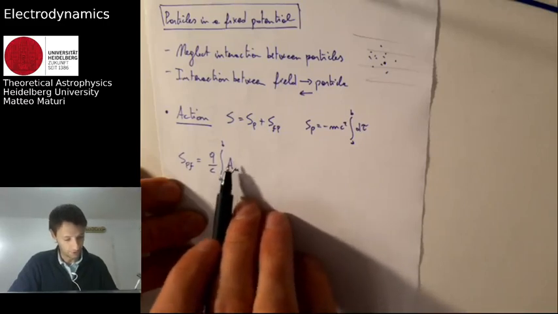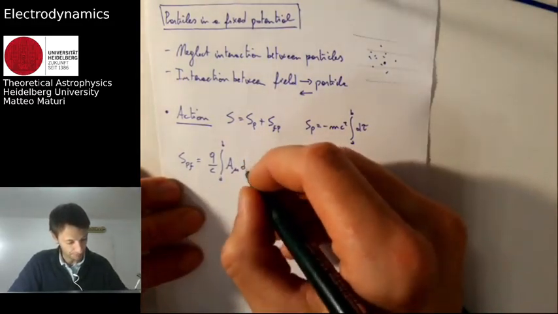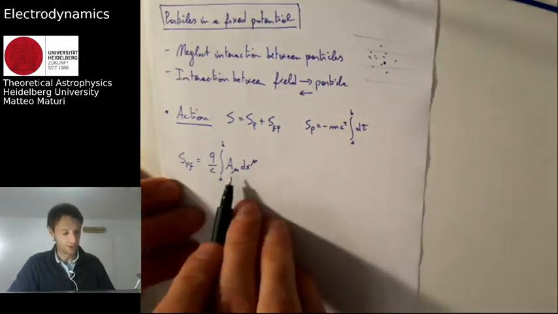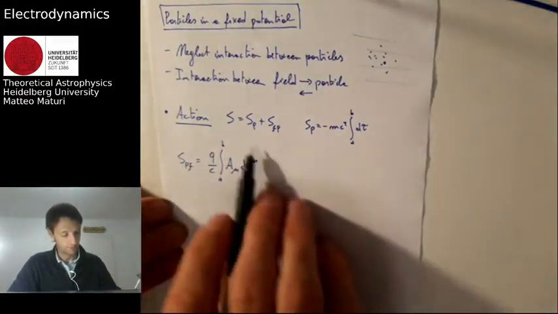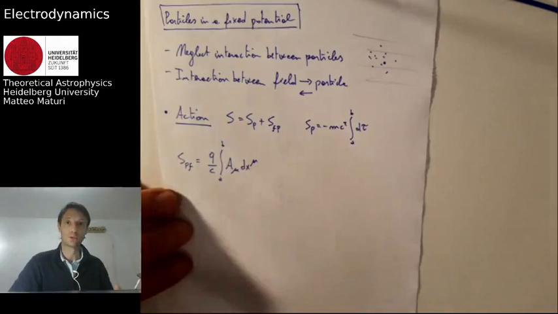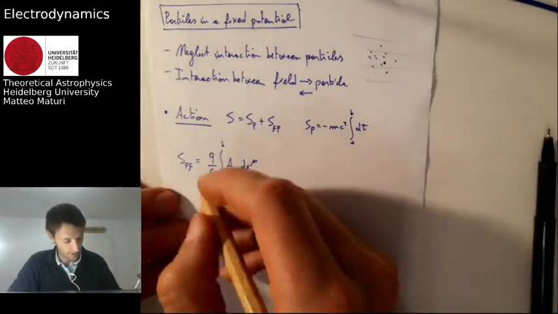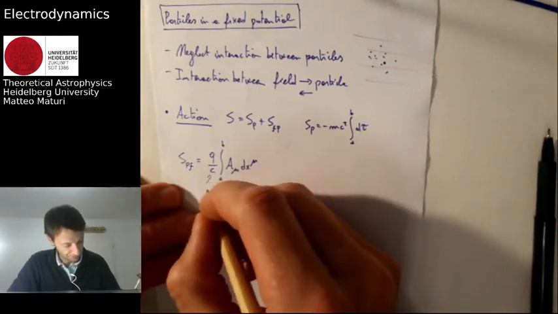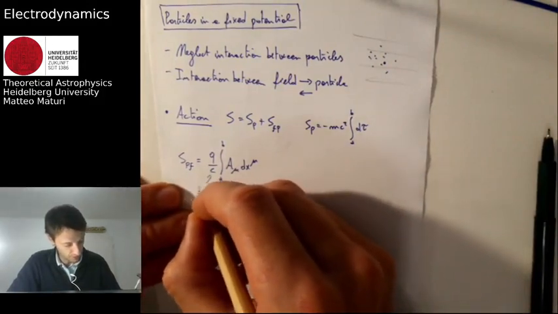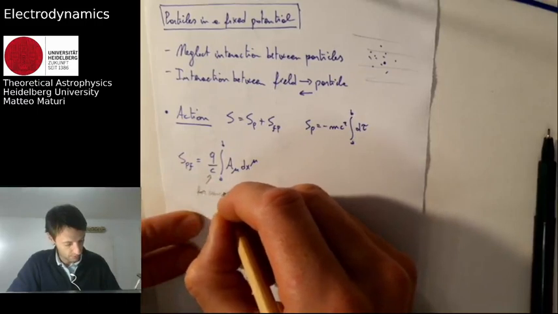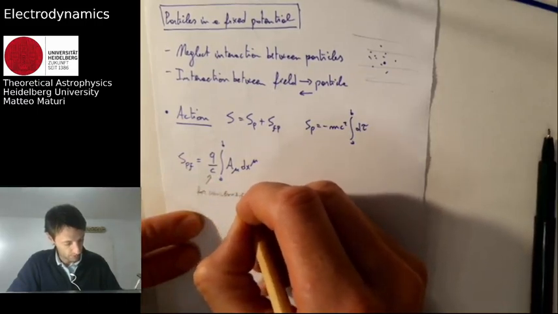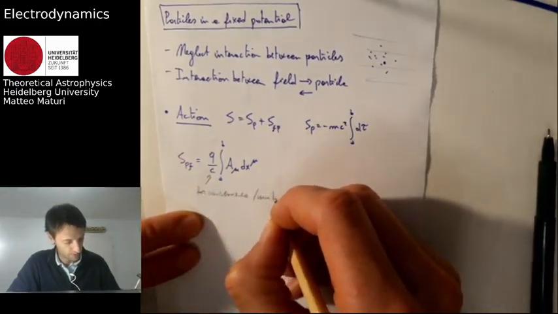But here it is sufficient to use the 4 potential, and this form of the Lagrangian comes mostly out of empirical consideration that you kind of understand now, because this is just for convenience and to set the units for the charges.